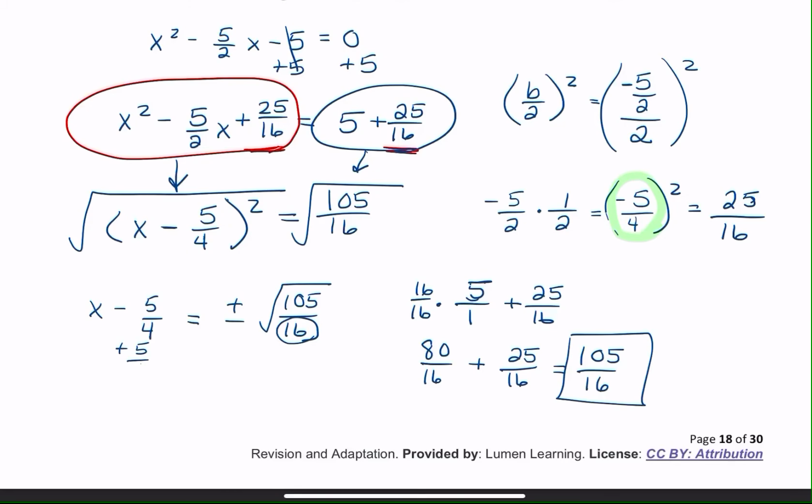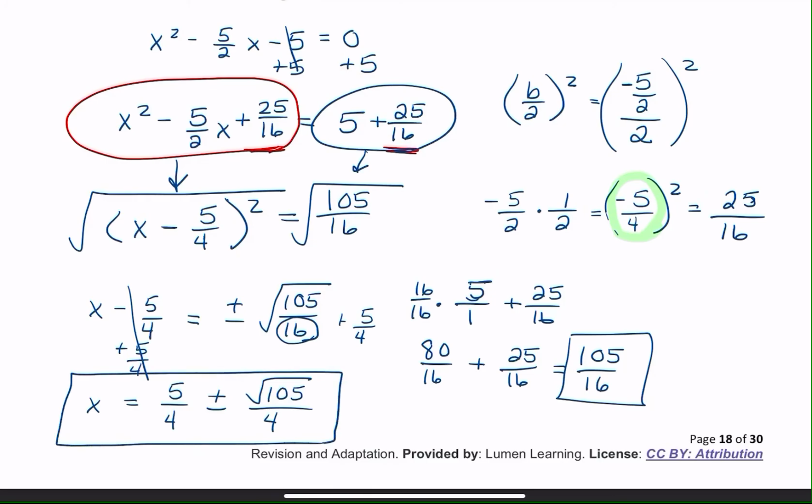I'm going to add 5/4 to both sides. So I've got x equals 5/4 plus or minus the square root of 105, and then the square root of 16 is 4. And 105, if you check the factor tree, will not simplify anymore. So that is your final answer: 5/4 plus or minus the square root of 105 over 4.